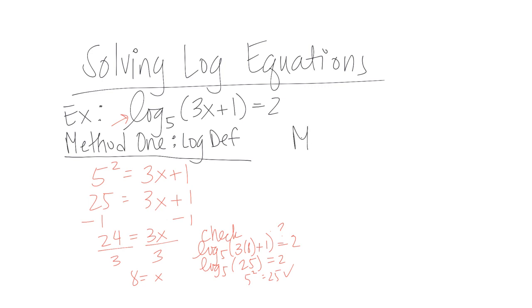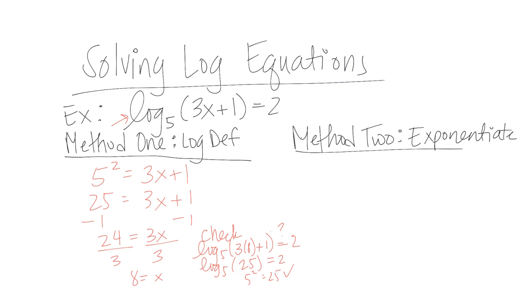Okay, the other method that people use is called to exponentiate. All right, so this is method 2, exponentiate. Okay, so we'll start off with just the log base 5 of 3x plus 1 equals 2. So that's the equation.